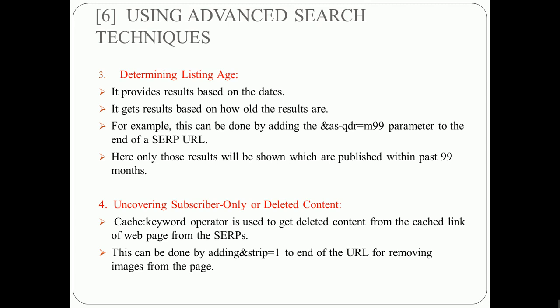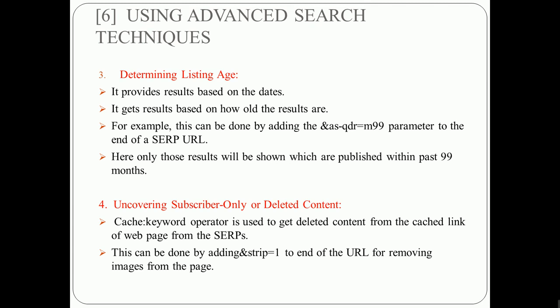Means the URL which you get, and at the end of the URL, if you specify &as_qdr=m99, then it will give you a result of 99 months old. Here also, those results will be shown which are published within the past 99 months. So you will get the result, but it will be the past 99 months' result.